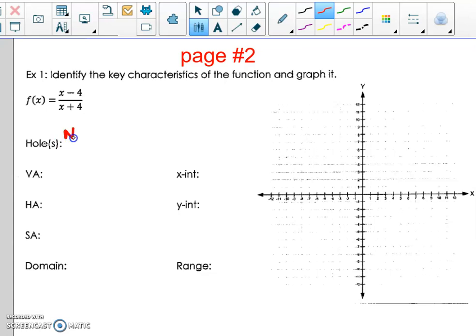So no hole, because nothing cancels. Okay? So if nothing cancels, then you have no hole. All right, so then we move into intercepts.